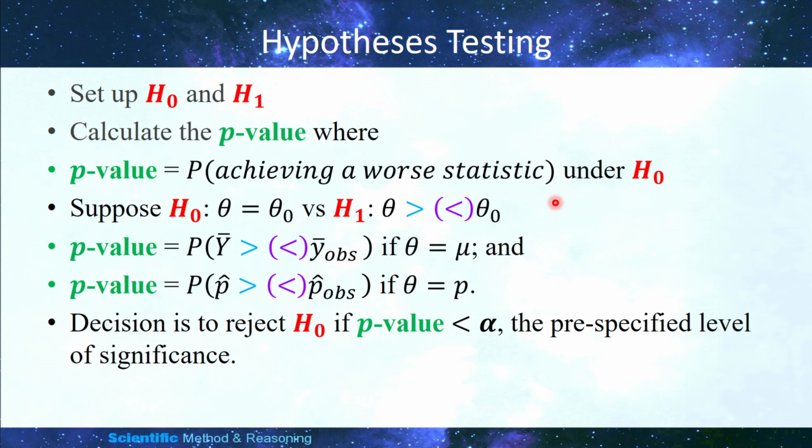So this is the setting of the hypothesis testing: the null hypothesis with an equal sign and the alternative hypothesis with a greater than or less than sign.